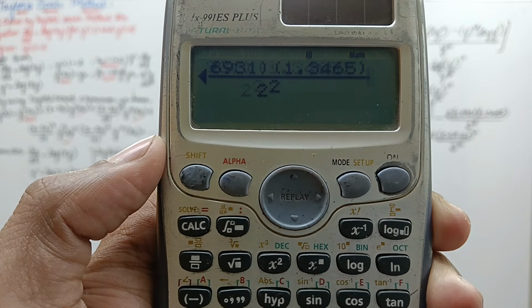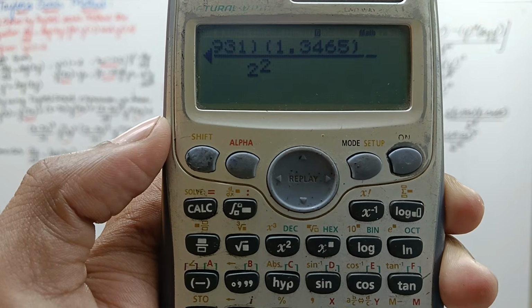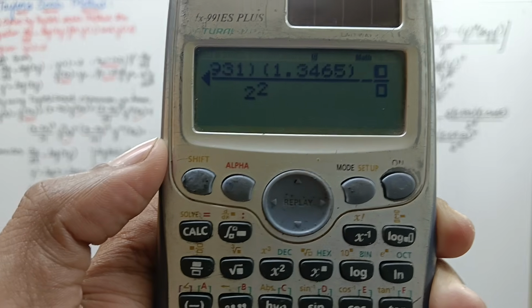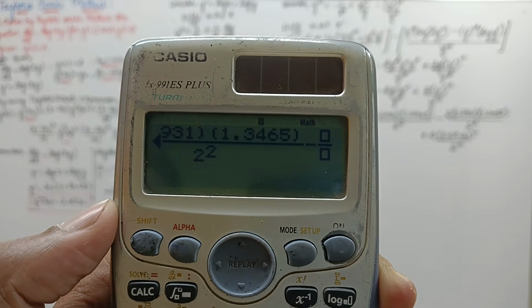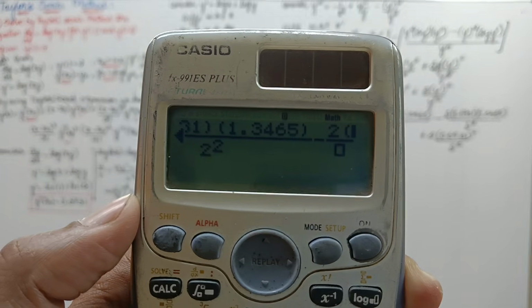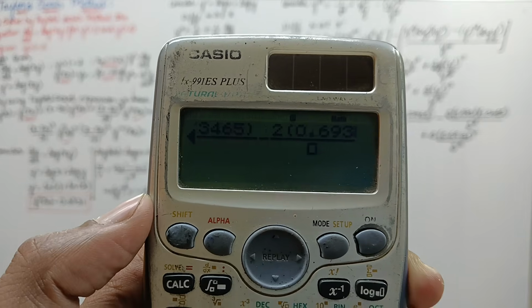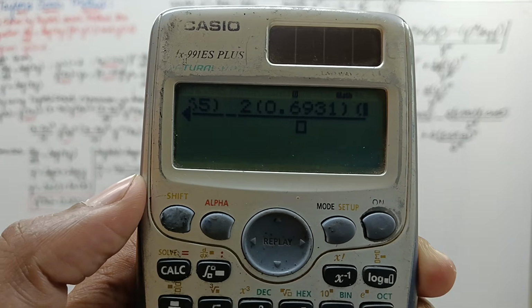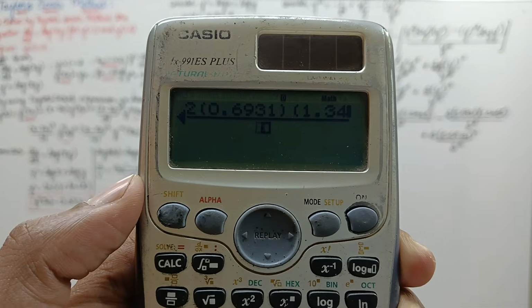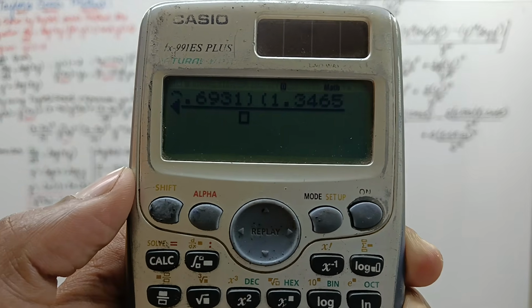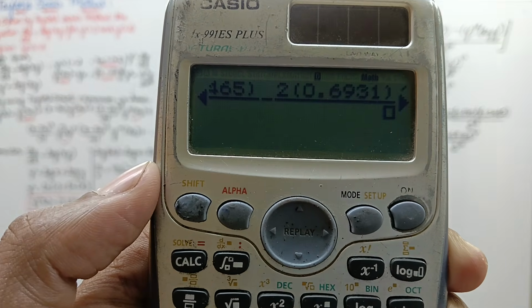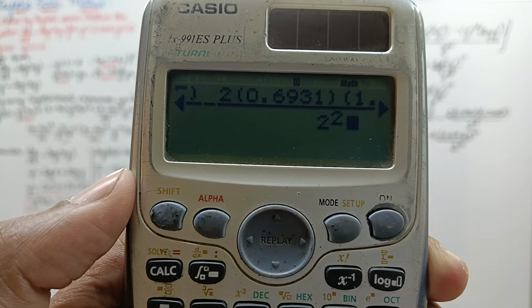Next, minus, again numerator denominator, 2 into 0.6931, close the bracket, into 1.3465, close the bracket, divided by 2 square.